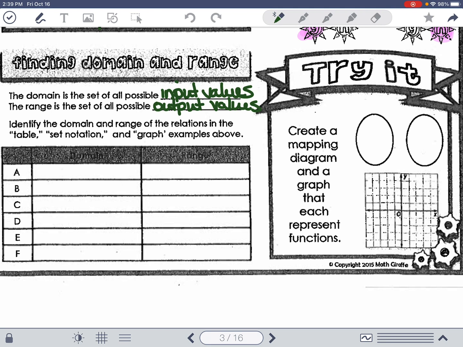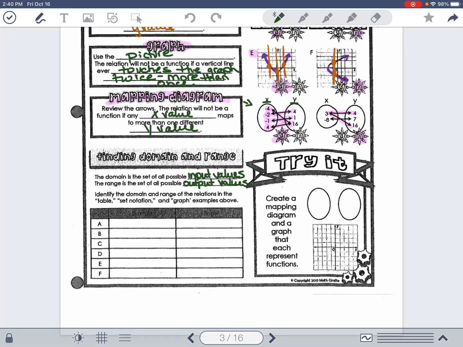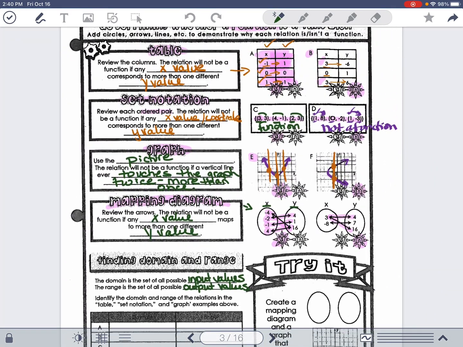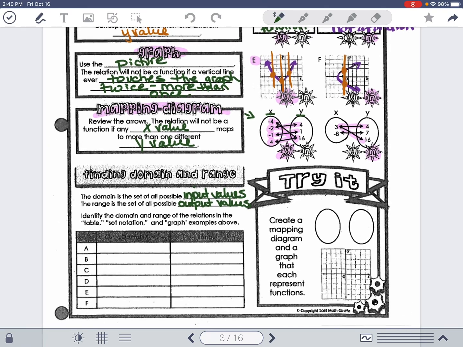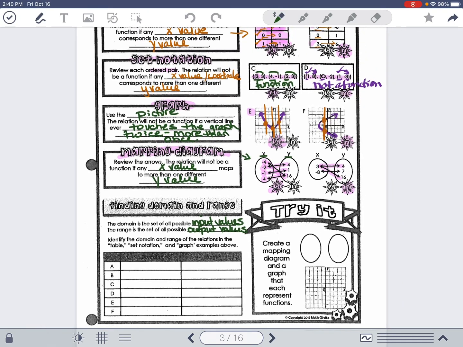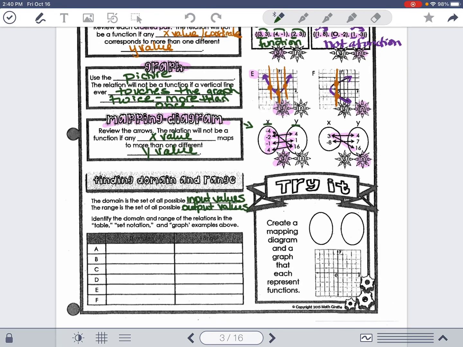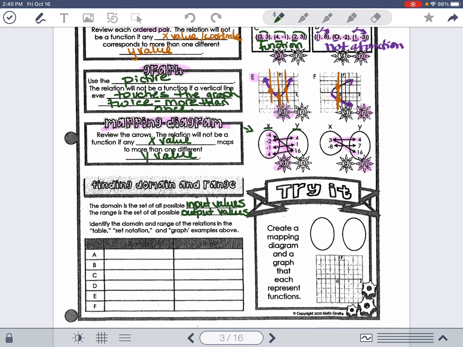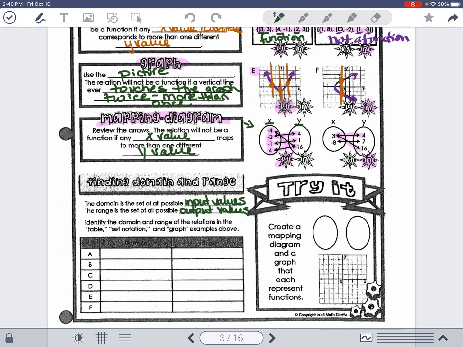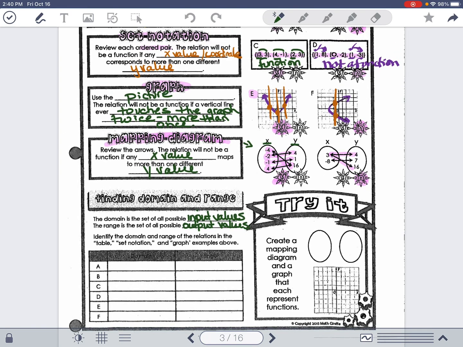Identify the domain and range of the relations in the table, set notation, and graph examples above. So in this situation, I'm going to look at my table, which was A and B, and then I'm going to look at my set notation, which was C and D, and I'm going to look at my graph, which was E and F, okay? And I'm going to identify the domain and range of each one.